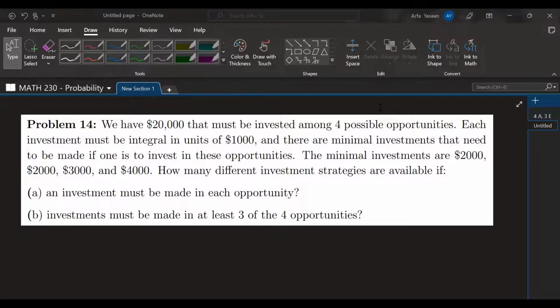we have to divide $20,000 into 4 multiples of 1,000. And then there is also a condition on each investment. We can model this problem with this equation.